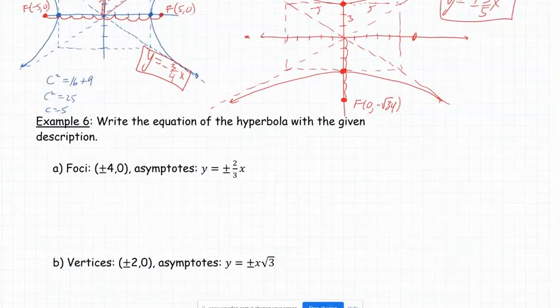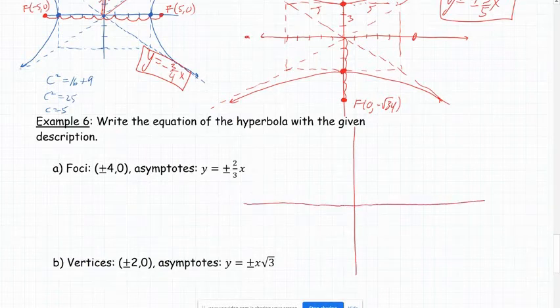Okay, for example 6, this time we're given the focal points and the asymptotes. So focal points at plus and minus 4, 0. So here and here.